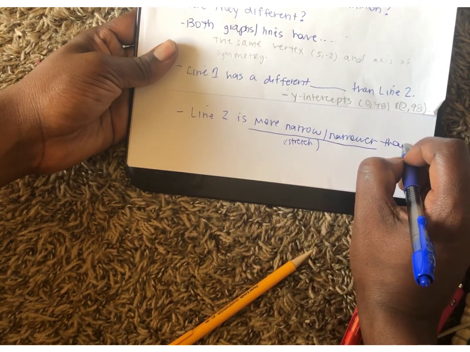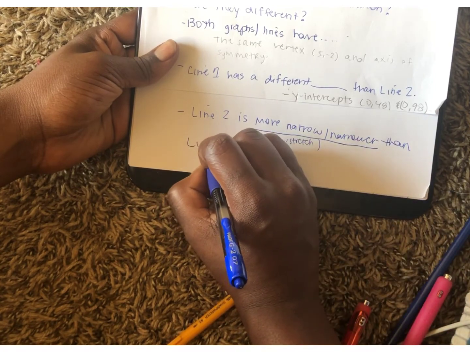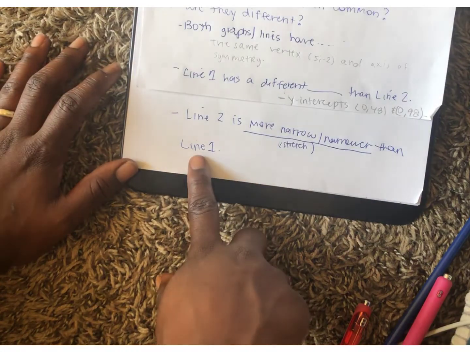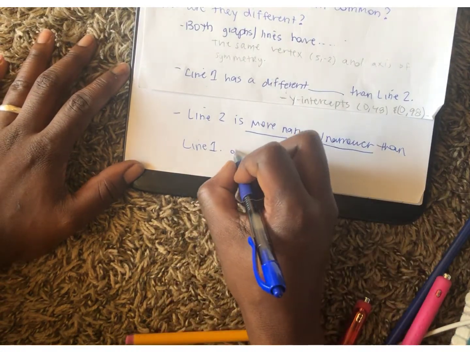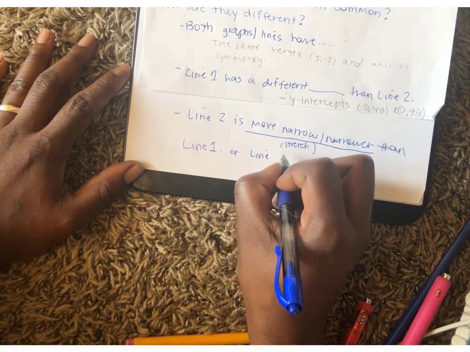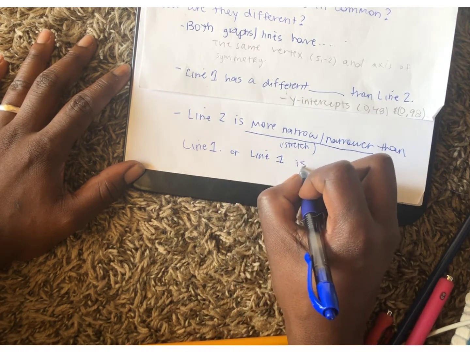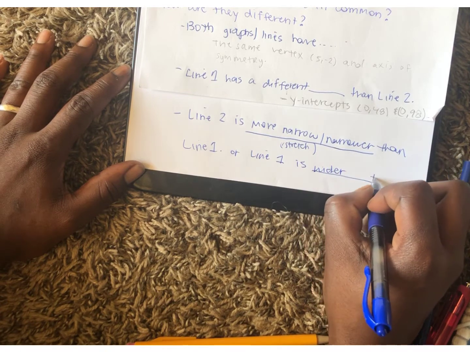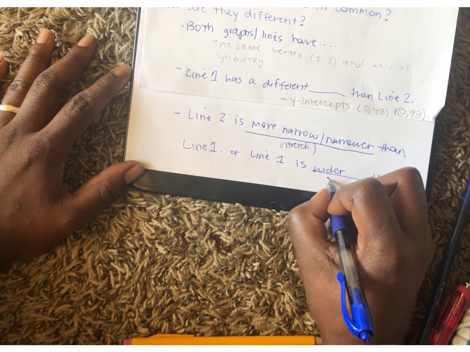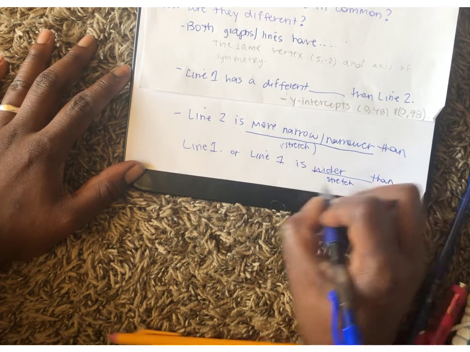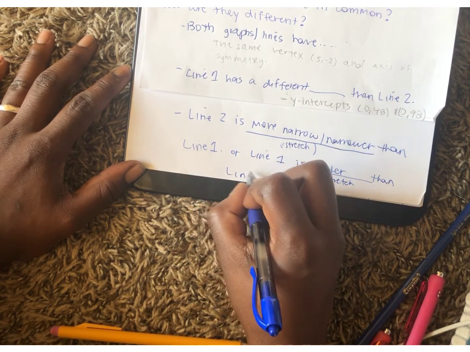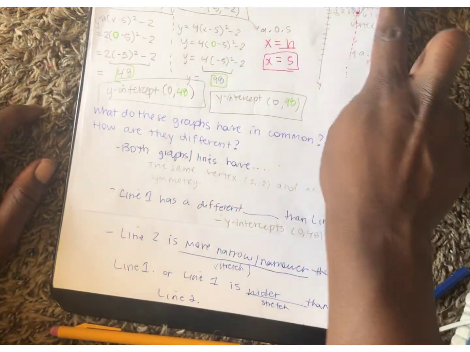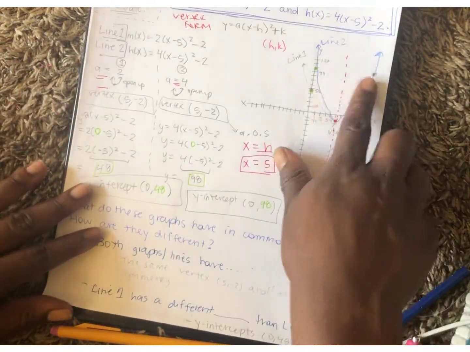Then line 1, okay? You can also say line 1 is wider than line 2. Okay, we can flip that, right? Wider and narrower, okay, looking at our two graphs.